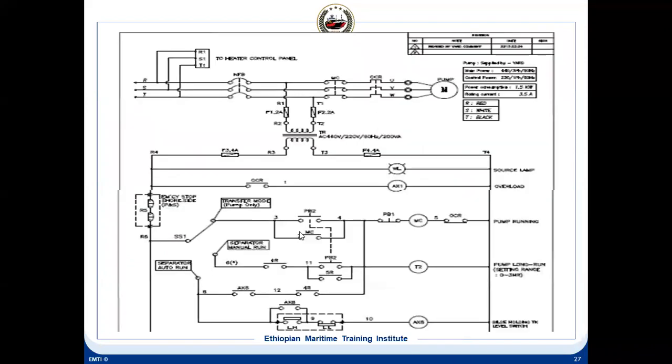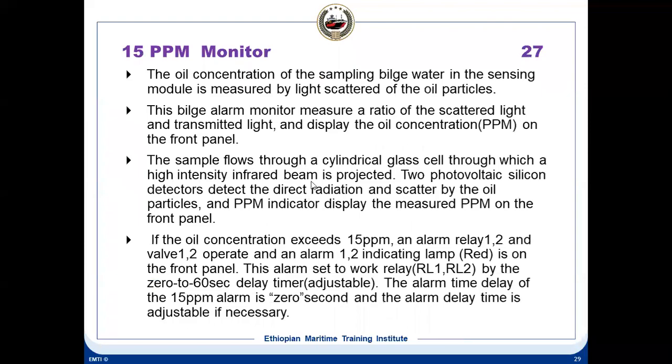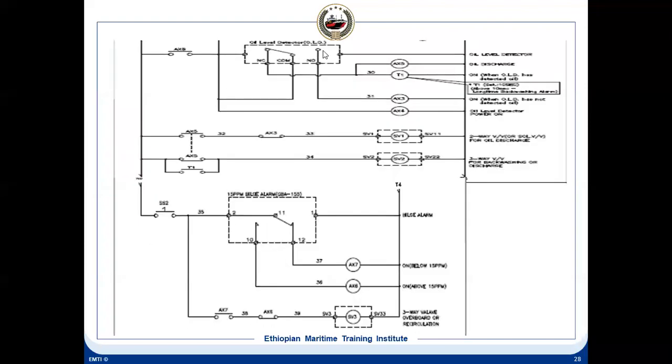Here you can see, okay, this is the oil probe. When the oil probe gets activated here, there are two solenoid valves. This is a two-way valve for oil discharge and for backwashing or discharging. This is another solenoid valve. So this one is coming from the oil probe. I've shown you the oil probe. This is a capacitance type oil probe.